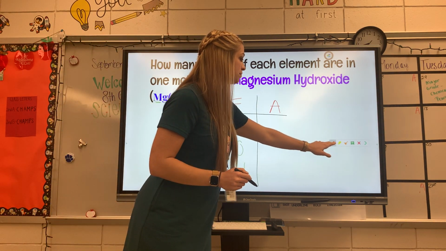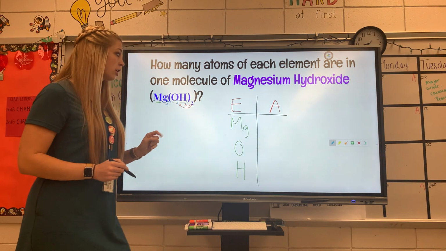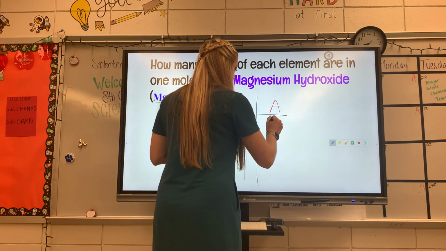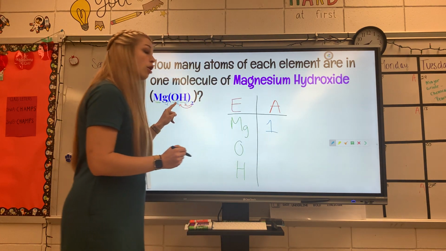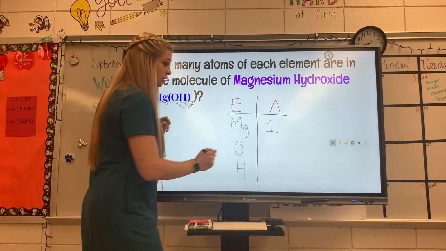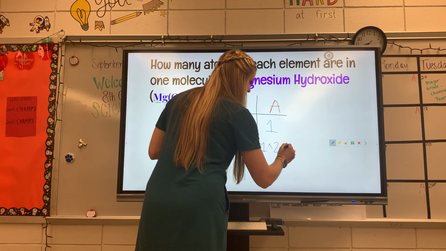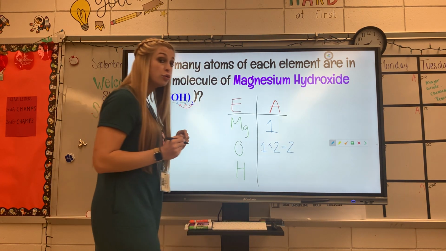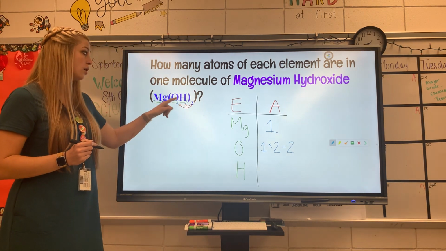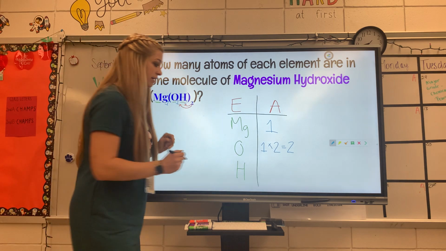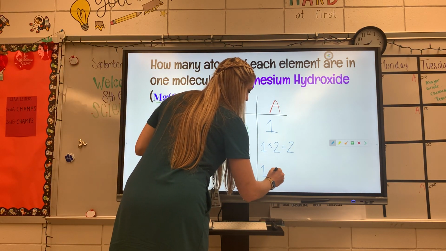So let's go to our EA chart. And for Mg, that one's easy, it's just 1. For oxygen, we have to do 1 times 2 gives us 2 atoms of oxygen. 1 atom of hydrogen times 2 gives us 2 atoms of hydrogen.